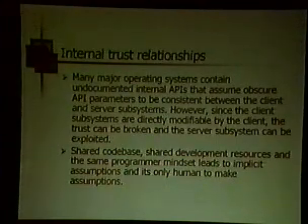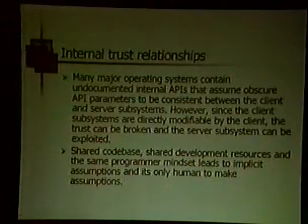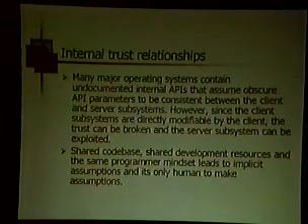And again, due to shared code base and shared development resources and the same programmers programming the client and the server subsystems, it's normal that they come up with these implicit assumptions without even realizing that they're actually assuming these things about the software that they're writing.